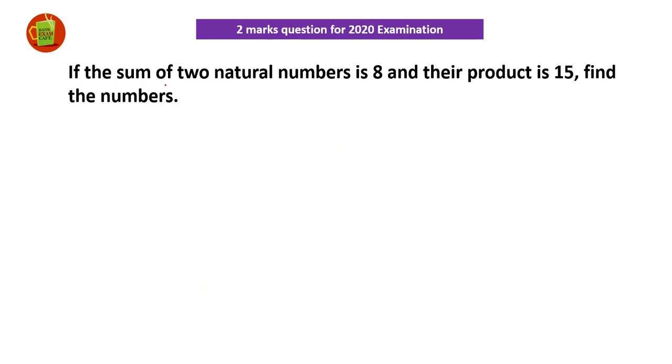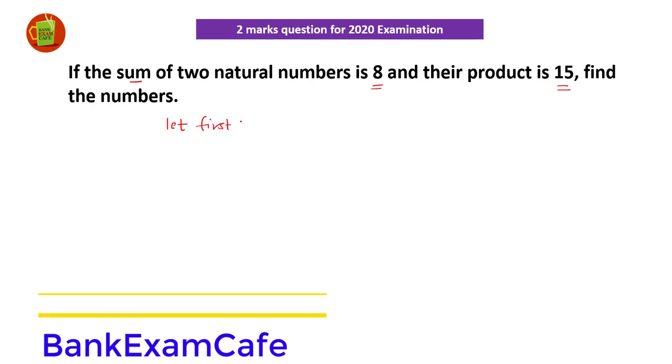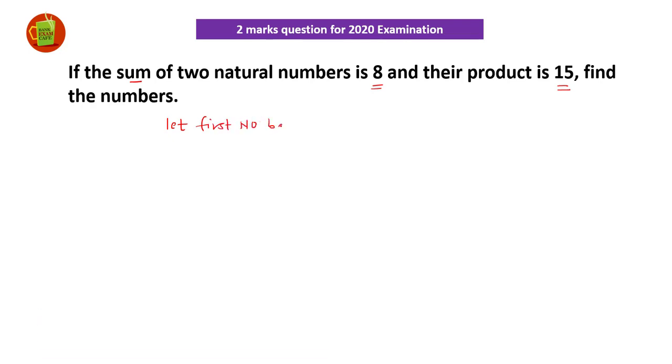If the sum of two natural numbers is 8 and their product is 15, find the numbers. Here it is given that the sum of the two natural numbers is 8. So let the first number be x.